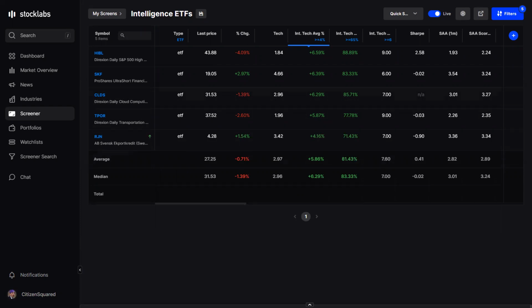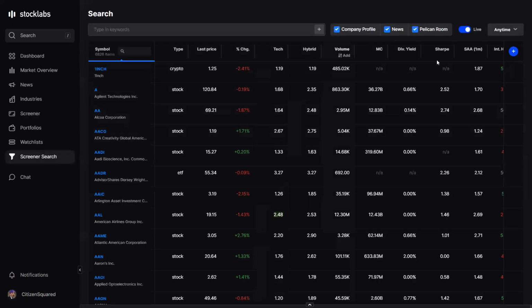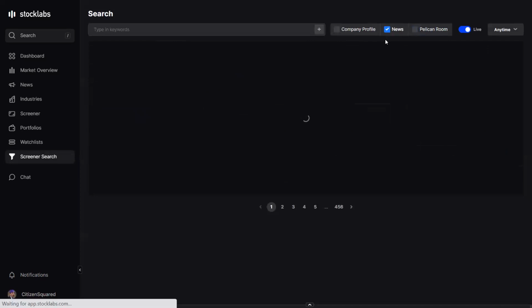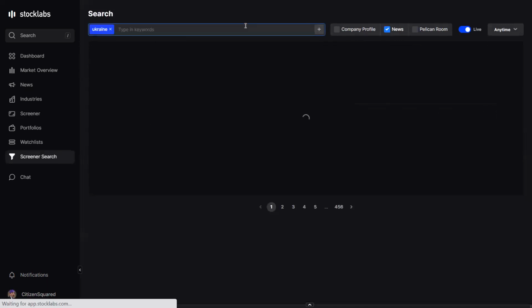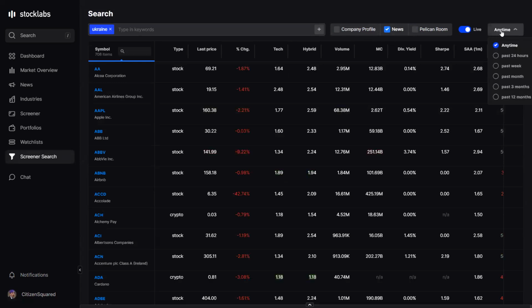Can you search news about a specific stock at a specific date range? Yes, I forgot to mention the date range. On this screener search, if I'm on news and searching by keyword, in the top right there's anytime, past 24 hours, past week, past month.